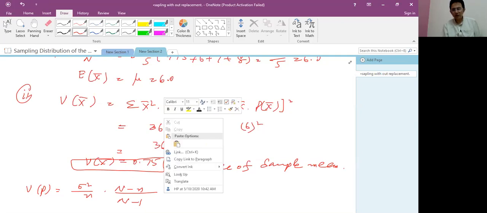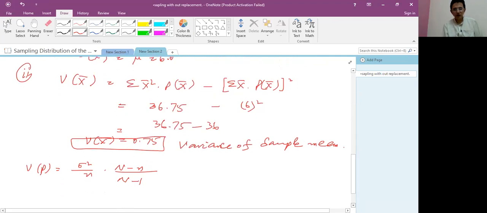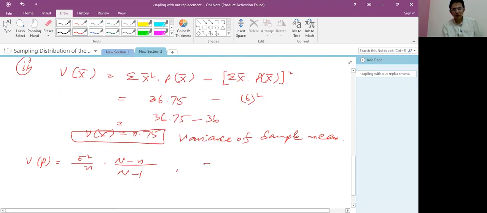So first we determine, student, what is sigma square. Sigma square is equal to 1 upon N summation xi minus mu whole square, each value subtracted from the mean. What is mu? We have determined mu is 6, I think.